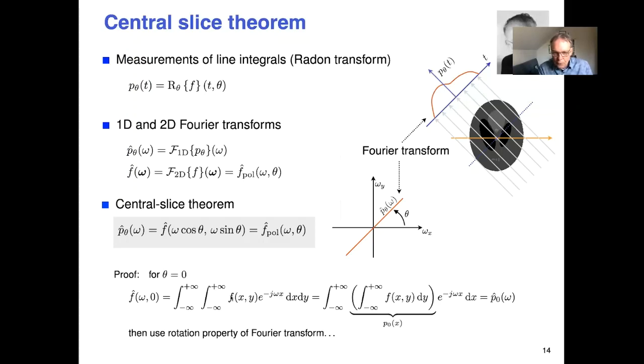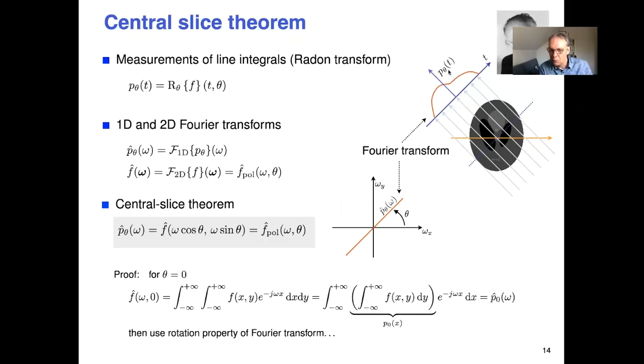And then what I'm doing is interchanging the order of integration. So here I'm integrating first over y. If I do that, I see that this first integral is exactly integrating through the specimen along the y, like this.